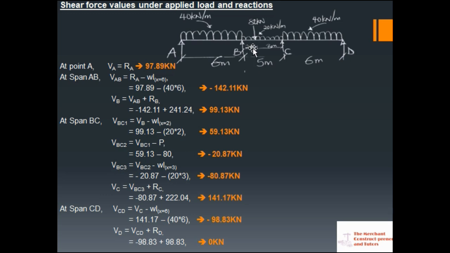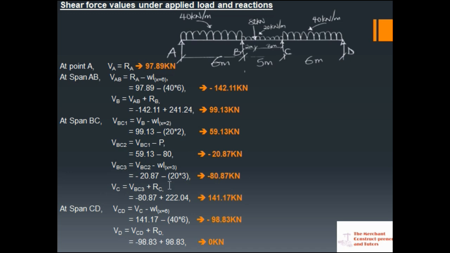So from point 2, we are going all the way down to C at the distance of 3. So this value minus WL at x equals 3, because this is the remaining portion. So this is our value VBC2 minus 20 multiplied by 3. When you manipulate it, you have this value here.